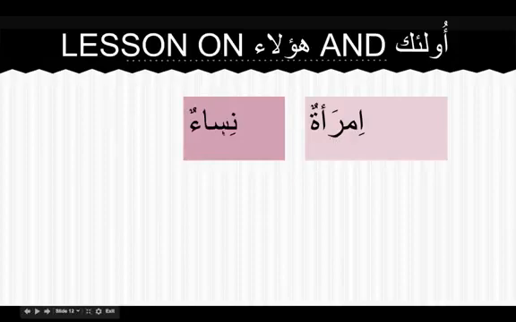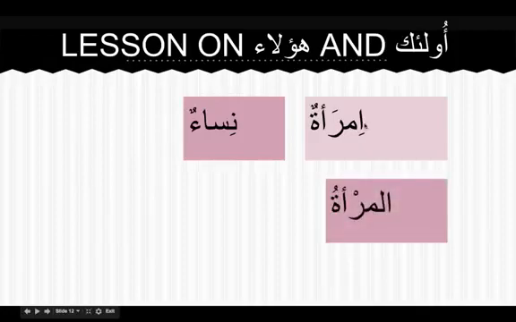So imra'atun, we need to remember, the plural is nisa'un. This is another change which this word undergoes when al is added. Normally when you add al, the whole word remains the same, but in imra'atun, when you add al, this alif, which is hamzatul wasl, is completely removed.